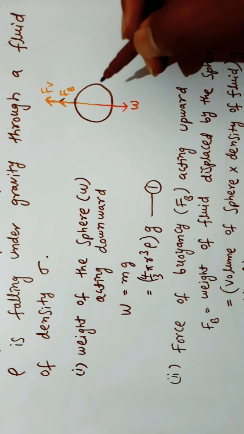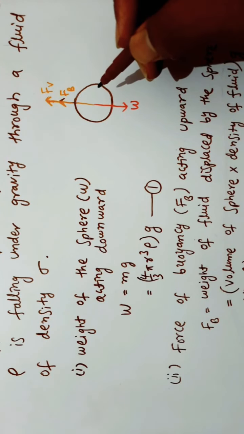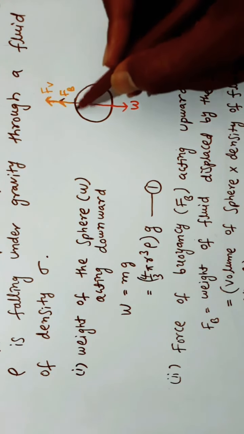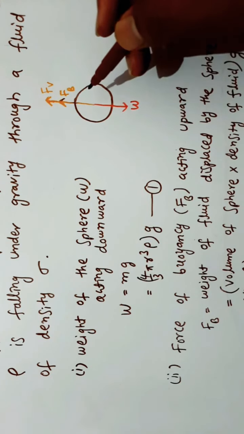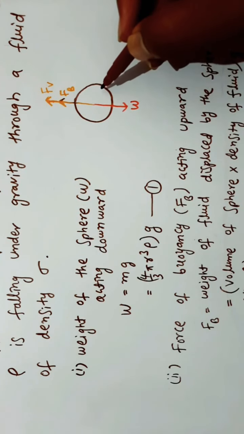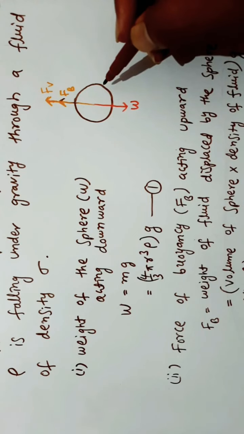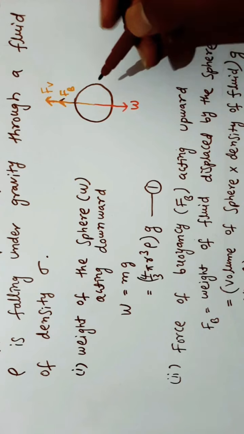Let us consider a raindrop in air instead of this sphere. It accelerates initially due to gravity. As the velocity increases, the viscous force or retarding force also increases.